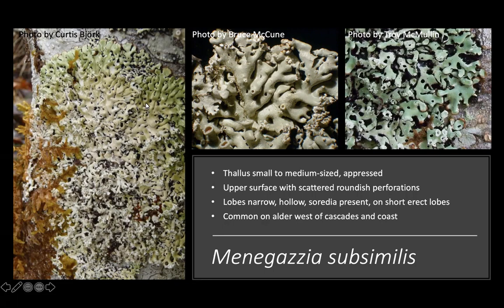At first glance, you might think it might be Parmelia, but when you get up close, it actually has these rounded holes in the thallus. The lobes are narrow and hollow, and the soredia are present on short, erect lobes. Here you can see these roundish soredia developing along the edges here and here. So look for the soredia and the perforations, that's Menegazzia subsimilis.